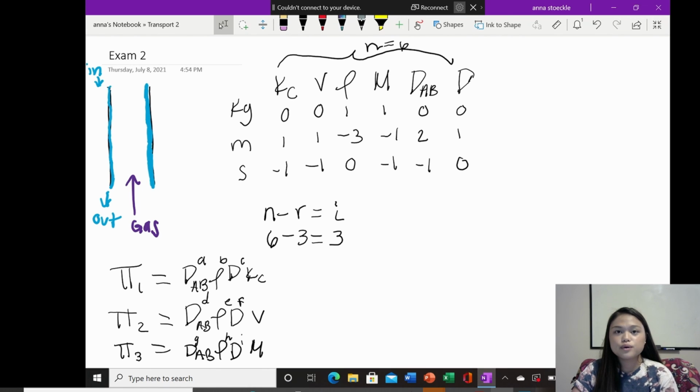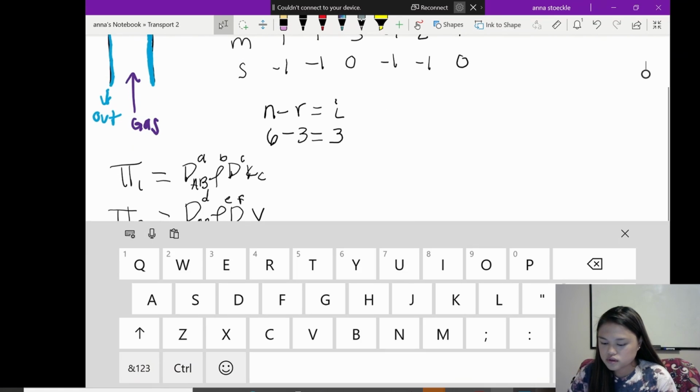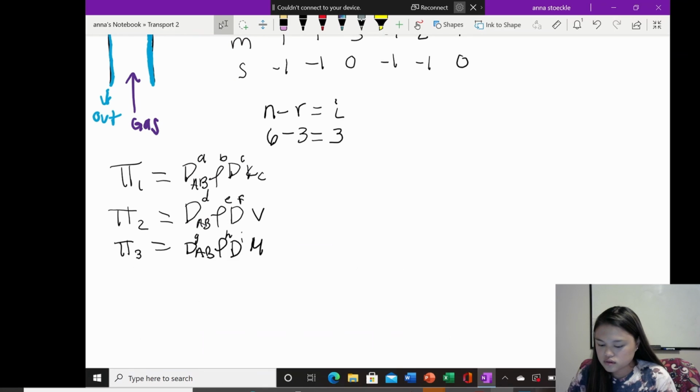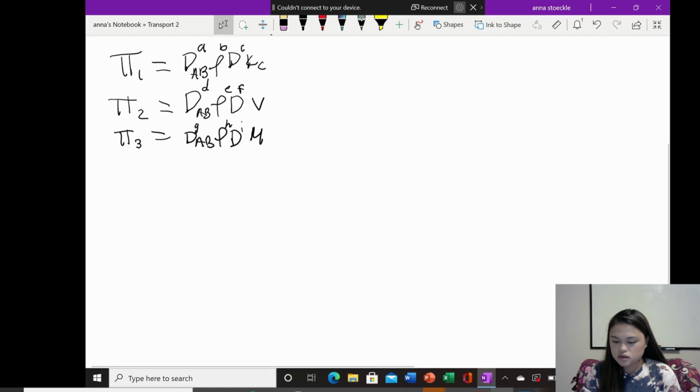Okay, so now what we want to do is find the exponents for each of these dimensionless groups. So what we're going to do is look at the units, because these are going to be dimensionless groups, so we want to have the exponents where it will be dimensionless. So let's look at pi 1.